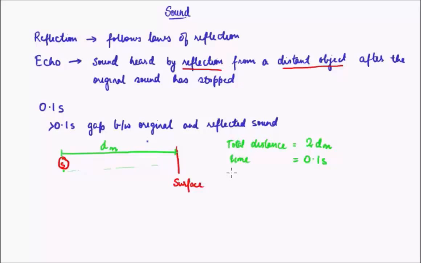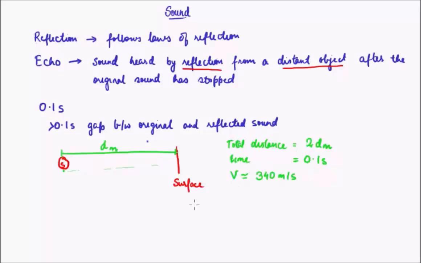Now we know that the speed of sound is roughly, as I mentioned in the last lecture, 330 meters per second, but in some places you can also take it as 340 meters per second. It really depends on the temperature and humidity conditions. We'll do the calculation based on 340 meters per second.